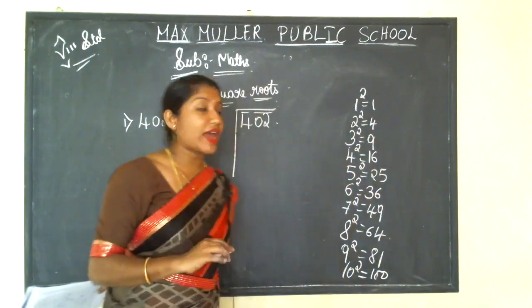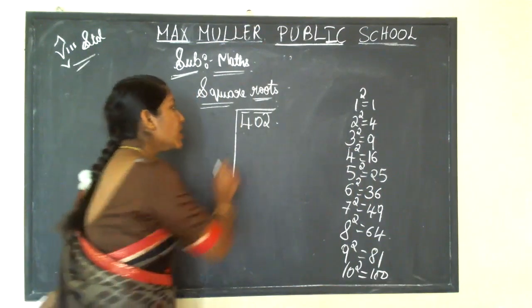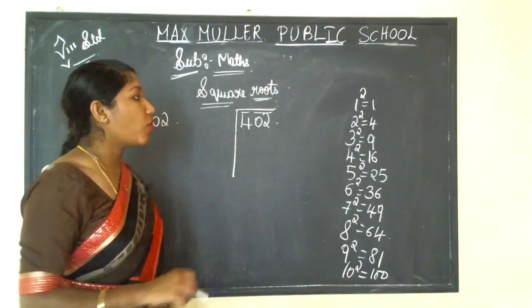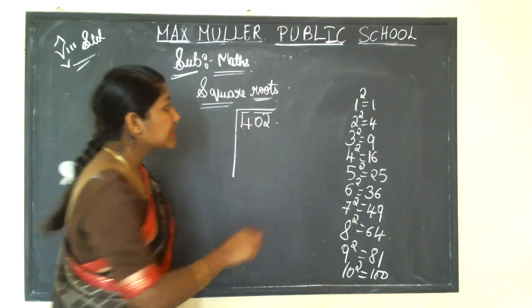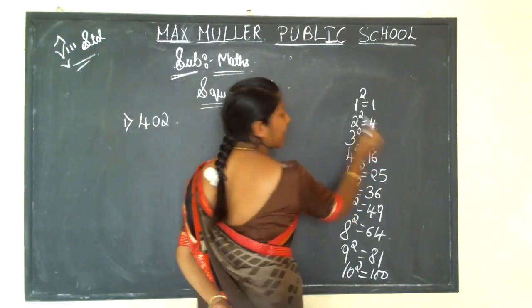You know all the square numbers, you are thorough with it. So here the number is 4. What do you have to do here? You have to take the square numbers.